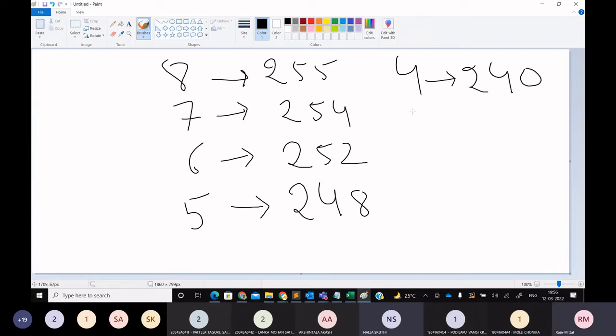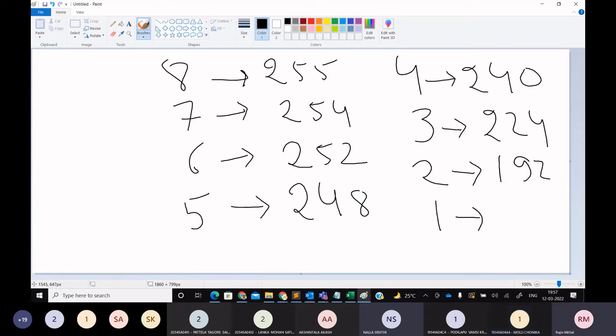And what about when it's 3 bits? 224, sir. 224. And when it's 2 bits, 192, sir. 192. And when it's 1 bit, it's 128.